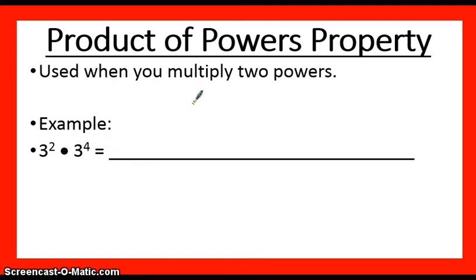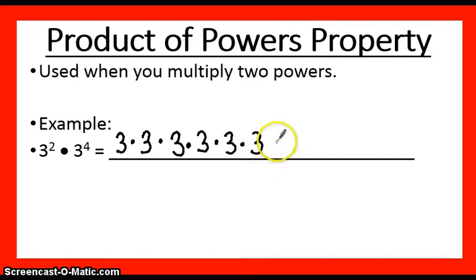If you think about what this really means, 3 squared is the same as 3 times 3. And 3 to the 4th is the same as 3 times 3 times 3 times 3. If you multiply 3 by itself 6 times, that's the same as writing 3 to the 6th.